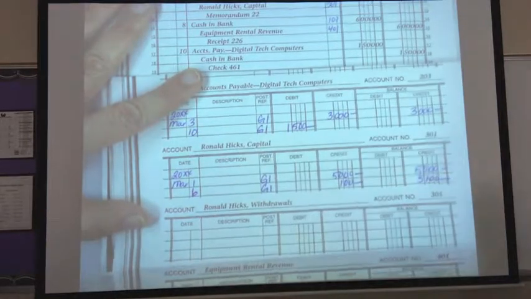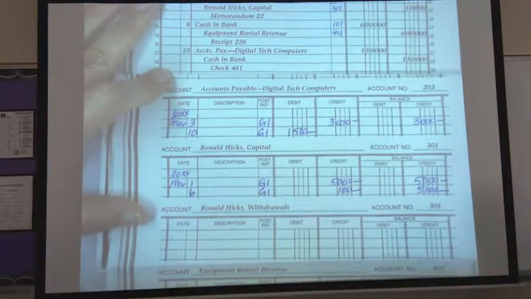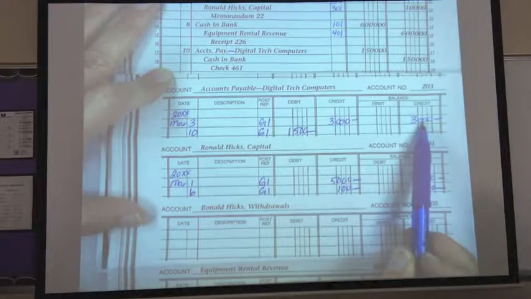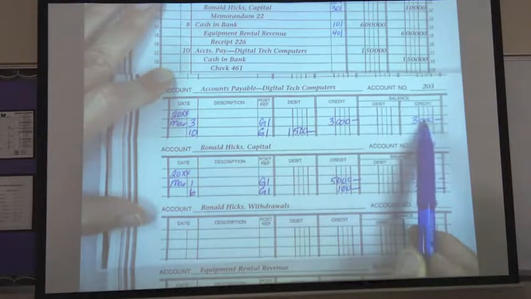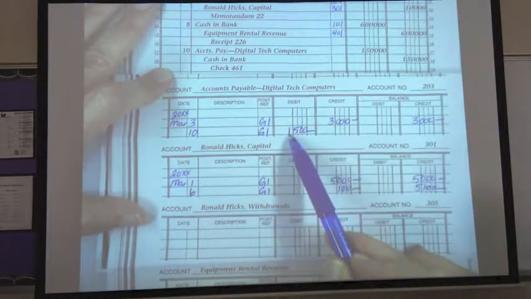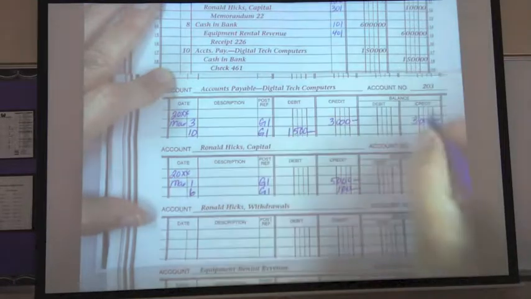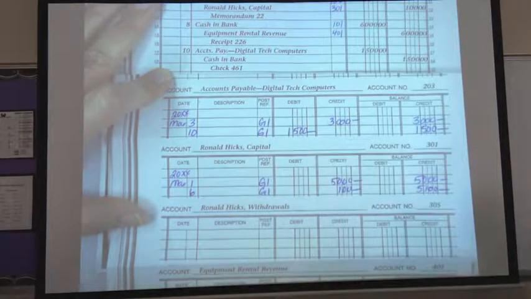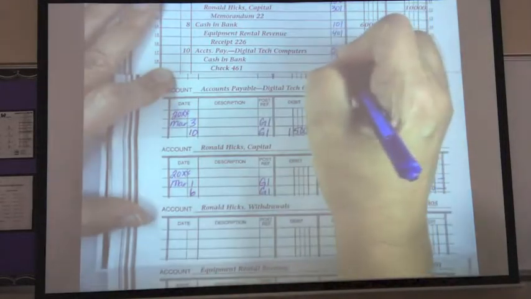What happens on the debit side of accounts payable? It goes down. So that means our balance is going to go down. 3,000 minus 1,500 leaves us with a balance of 1,500. Come back up here and write 203.